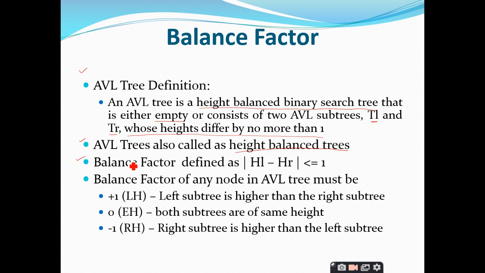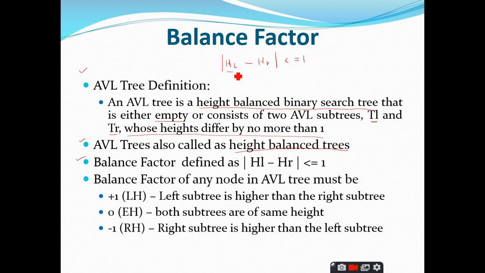And the balance factor, which we have defined as height invariant in the previous slide. The formula for this height invariant, or the balance factor, is HL, which is nothing but the height of the left subtree minus the height of the right subtree, is less than or equal to 1, right?